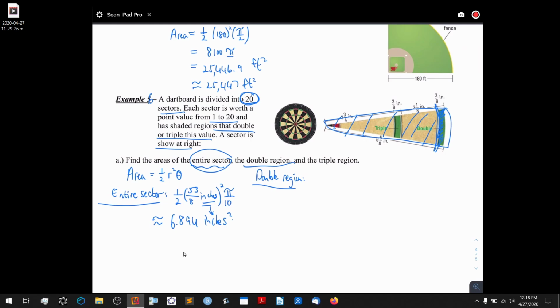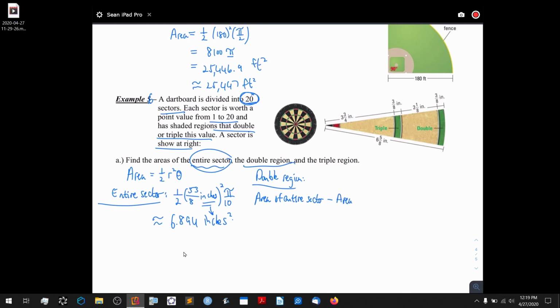So that's what we're going to do. We take the area of the entire sector, and subtract from that the area of the sector without the double region.